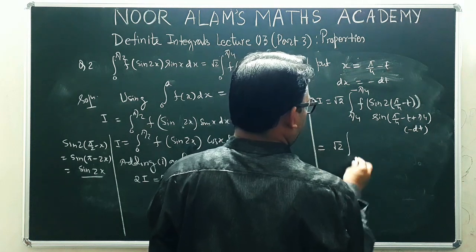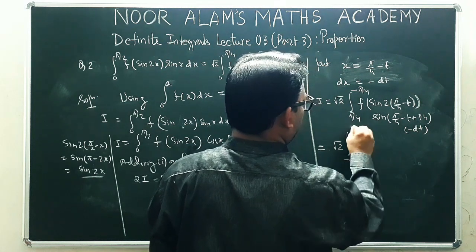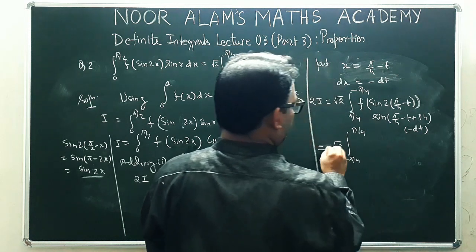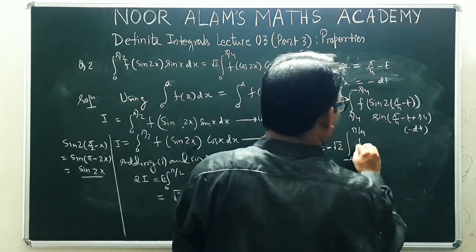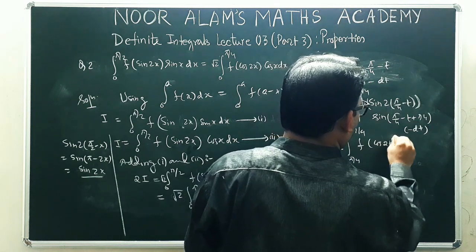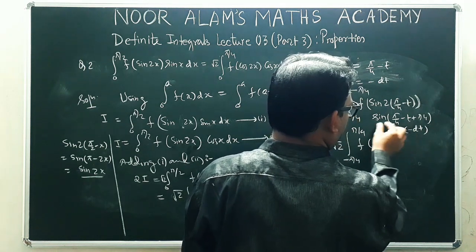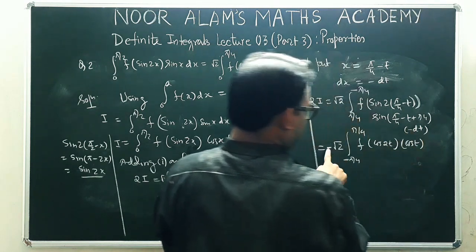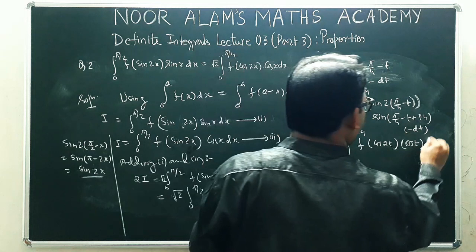So we can write from minus pi by 4 to pi by 4, and we get one negative sign here. Now f of sine of pi by 2 minus 2t will be cos of 2t, and sine of pi by 2 minus t will be cos of t, and this negative and this negative sign will be positive, so we consider it as dt.